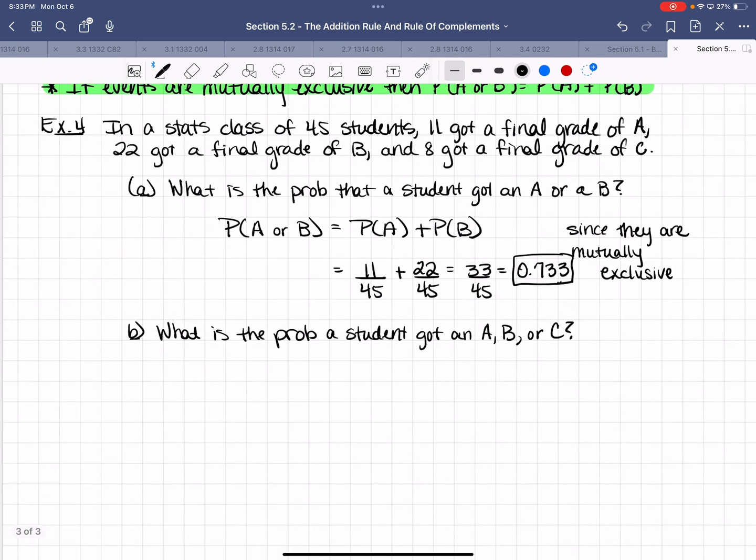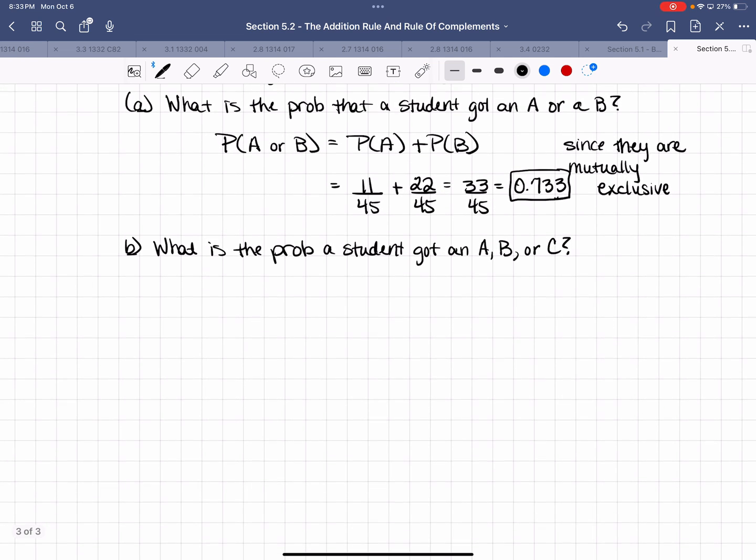So, once again, are they mutually exclusive? Yep, you can't get A, B, and C. So the probability of A or B or C is going to equal the probability of A plus the probability of B plus the probability of C.